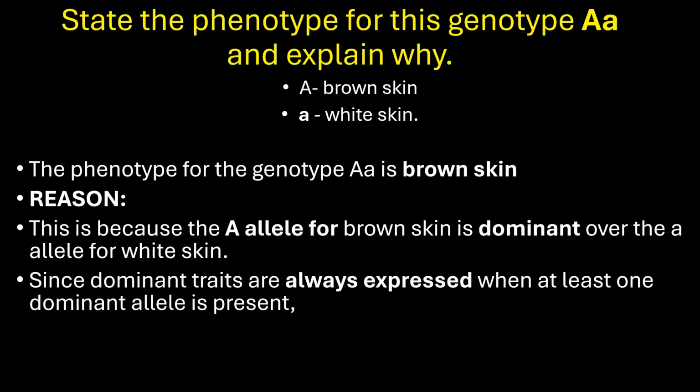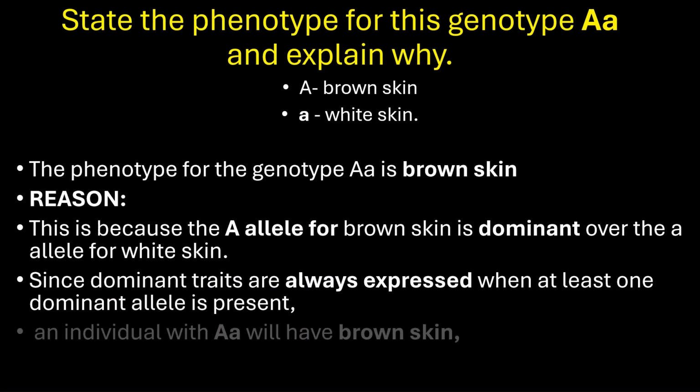Since dominant traits are always expressed when at least one dominant allele is present in the genotype, an individual with capital A and small letter a will have a brown skin. Simple explanation. So you have to use the definition of either recessive allele or dominant allele to explain.